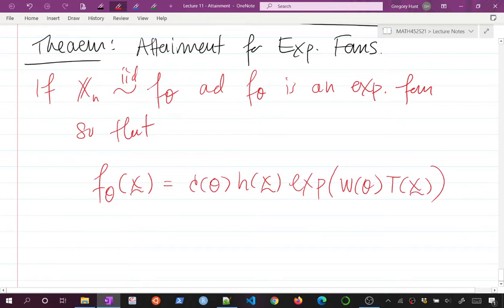So it turns out the punchline of the theorem is that this t of x, which is a statistic, a function of x, is the UMBUE for its expectation. What do I mean by that?